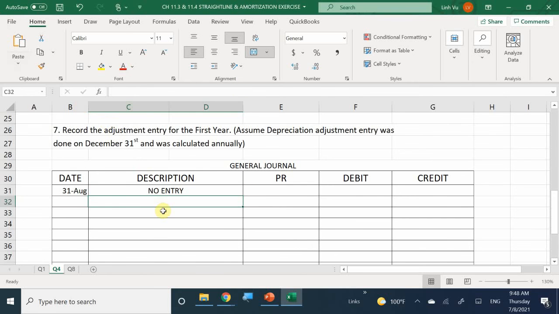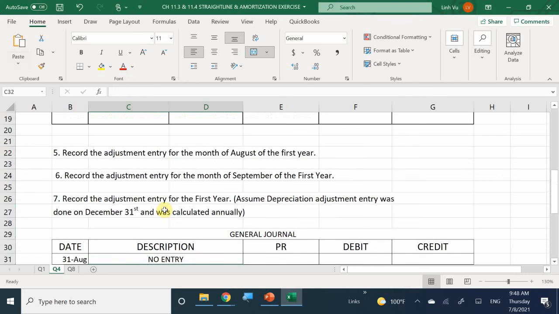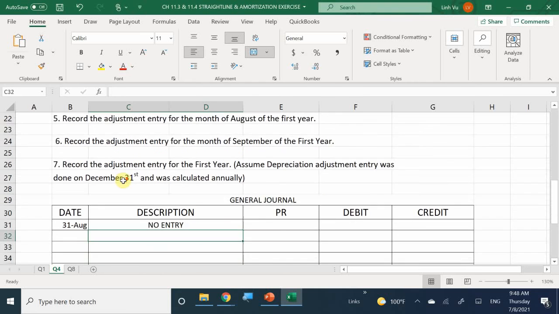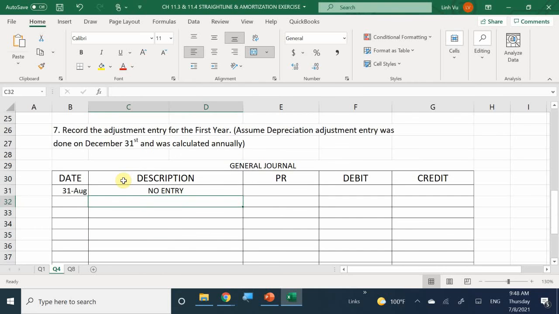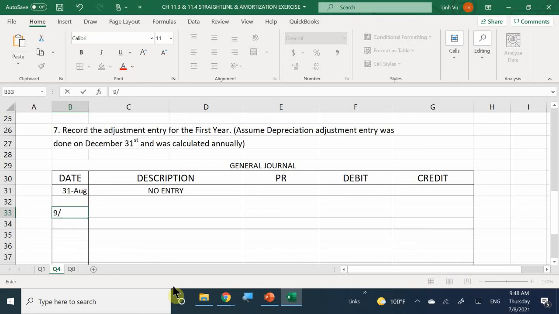We depreciated starting the month of September. So that's the question here. How would you journalize this adjustment if you were to do it for September of the first year? How would you journalize the depreciation for the month of September?